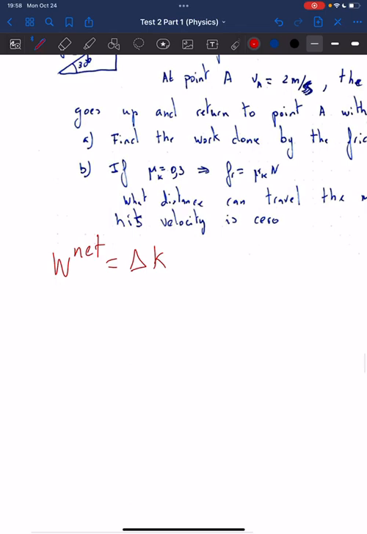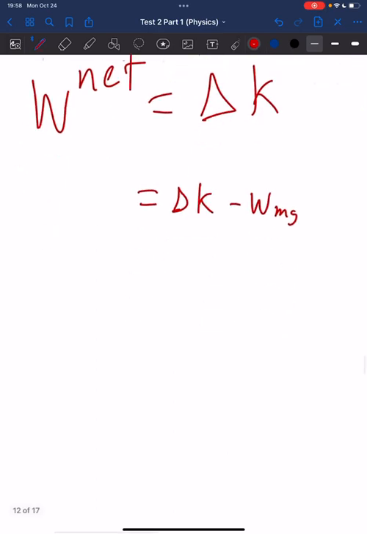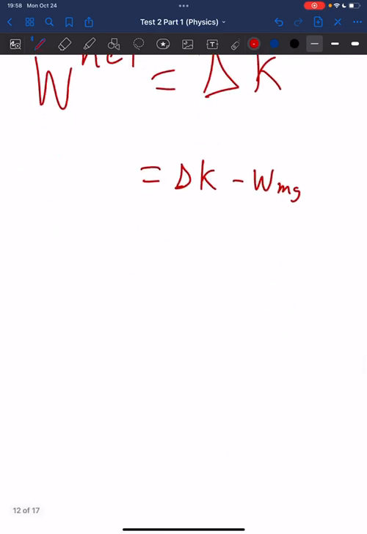We are going to put the change in kinetic energy minus the work of mg. The work net is the change in kinetic energy, half mv squared final minus half mv squared initial.